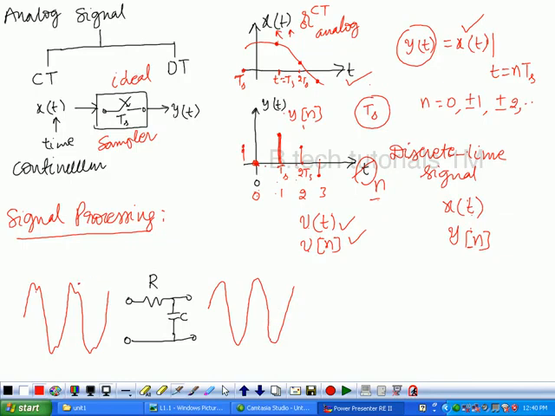Here we have a signal, that is the sinusoidal signal. Actually that signal is contaminated with noise. Here what we have done, we transmitted this noisy signal through a low pass filter and eliminated the noise. So this is the noisy sinusoid.